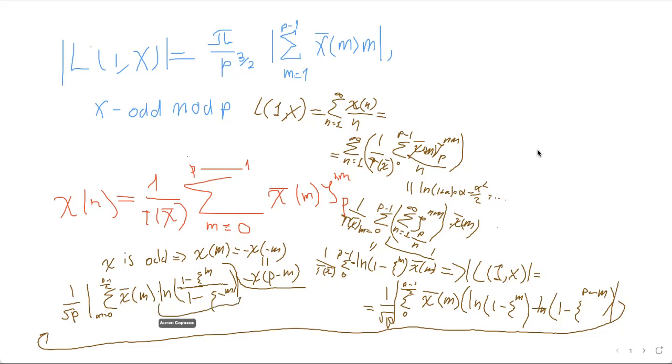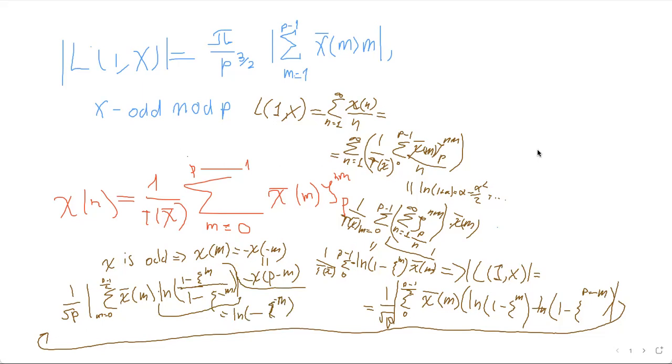So this stuff is logarithm of what? Of minus zeta to the m. Or let me check this again. If we multiply the denominator, minus m. Yes, minus m. So what can we do next?